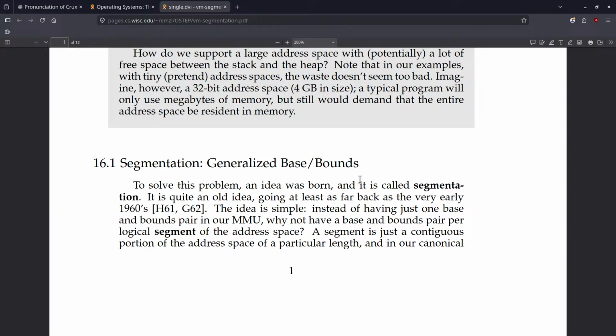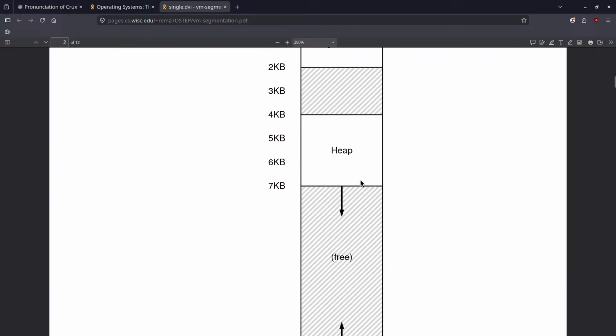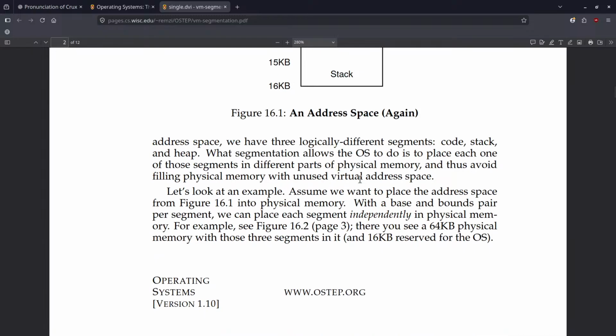In our canonical address space, we have three logically different segments: code, stack, and heap. Segmentation allows the operating system to place each one of those segments in different parts of physical memory and thus avoid filling physical memory with unused virtual address space.